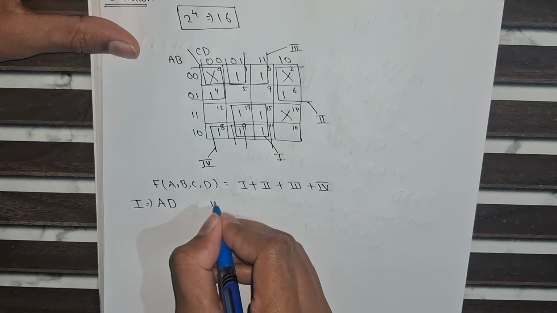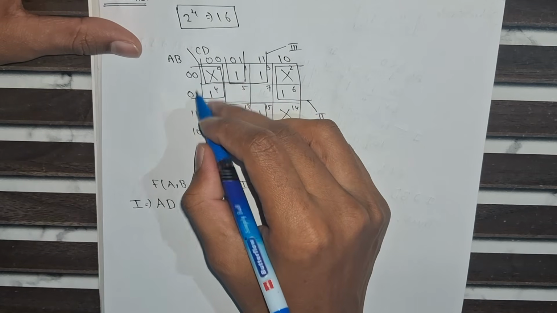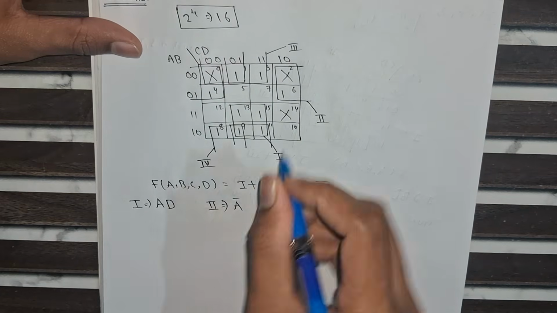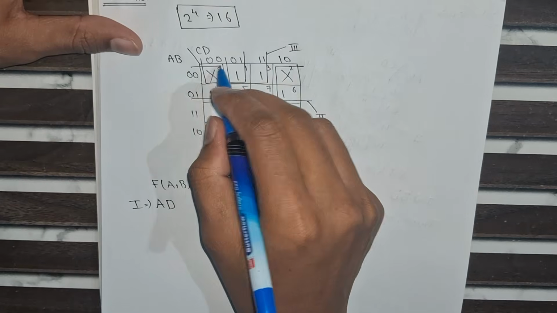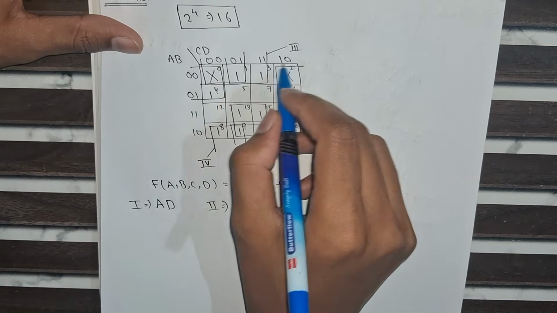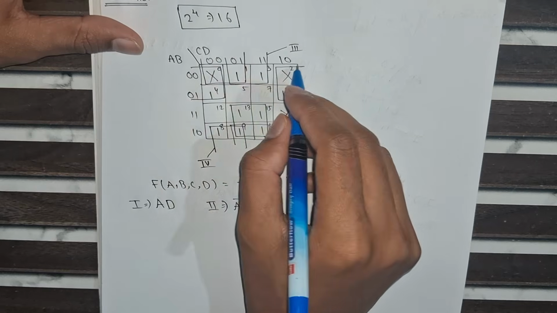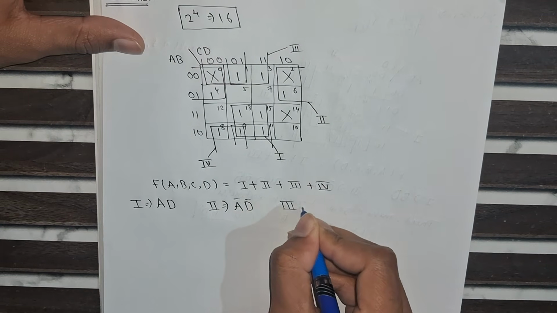Now we will see for the second, third and fourth like this. For the second it is covering 00 and 01, so we have to take A bar because it is 0. Now for CD it is 00 and 10. This much is covering. So 0 to 1, C is changing but D is not changing, D to D, so D bar. Now for the third one we will see like this.